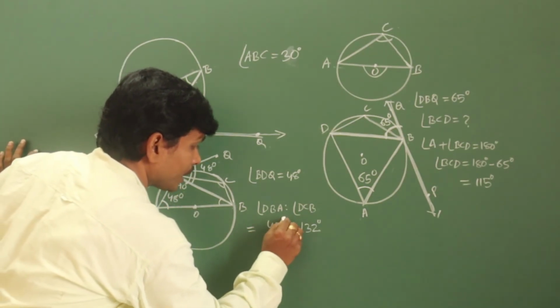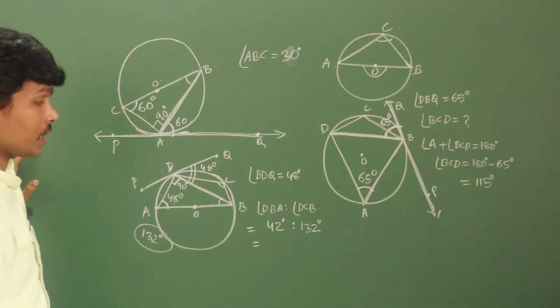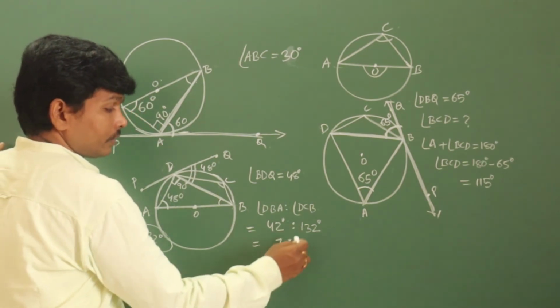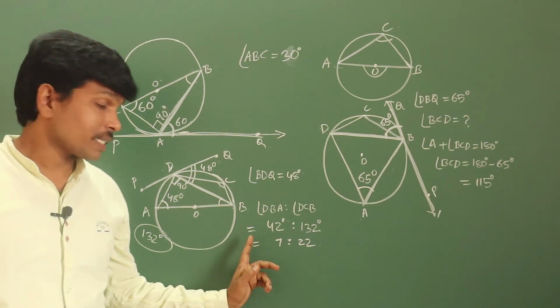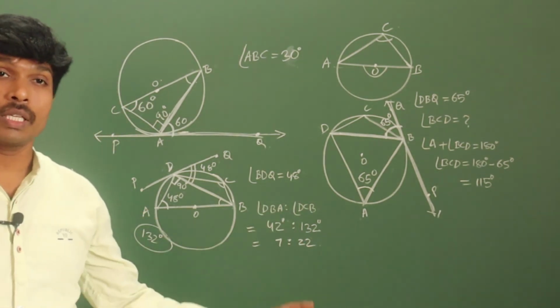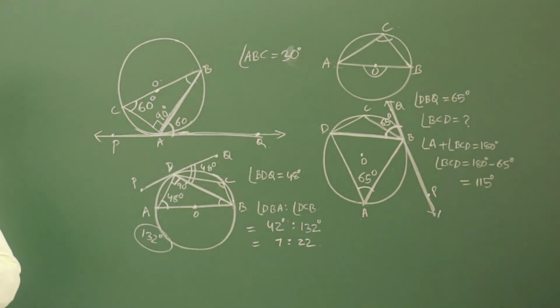So this is 42 degrees. Now which table is it going on? The 6 table. 6 7s are 42 and 6 22s are 132. Fantastic. 7:22 is the right answer. These are the applications of the alternate segment theorem.